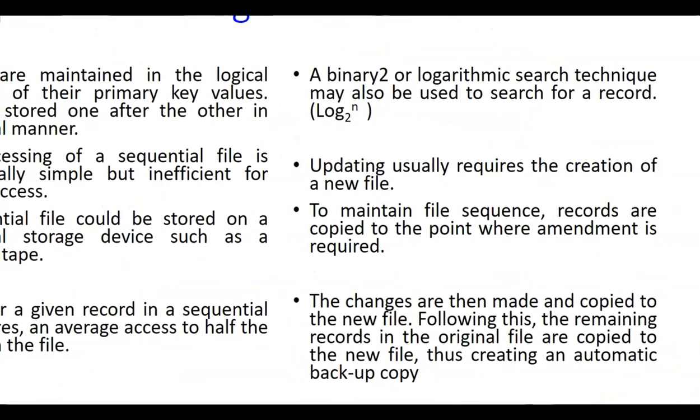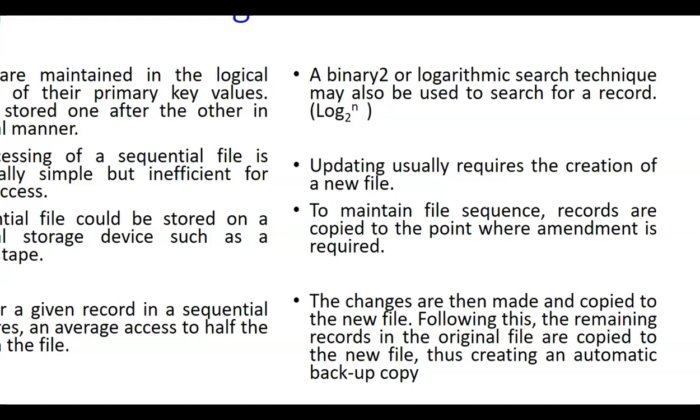So a binary or a logarithmic search technique may also be used to search for a record if you're going to use sequential file organization. Updating usually requires the creation of a new file.